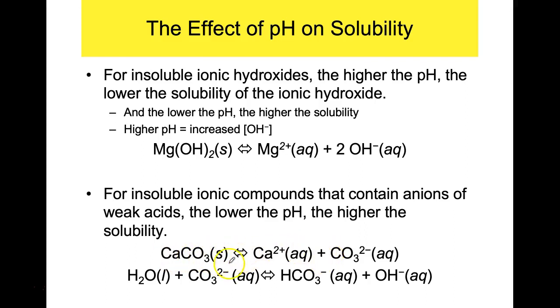So if you follow the equation along, if we go in this direction, the calcium carbonate produces the carbonate ions. Carbonate ions can react then with water and are in equilibrium with bicarbonate and hydroxide. So what happens if we add some hydrogen ions to this, an acid in other words? The acid will react with the hydroxide ions and cause a shift to replace them, which means the reaction is going in this direction.